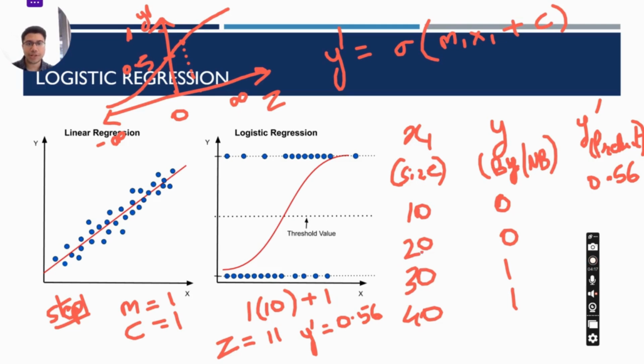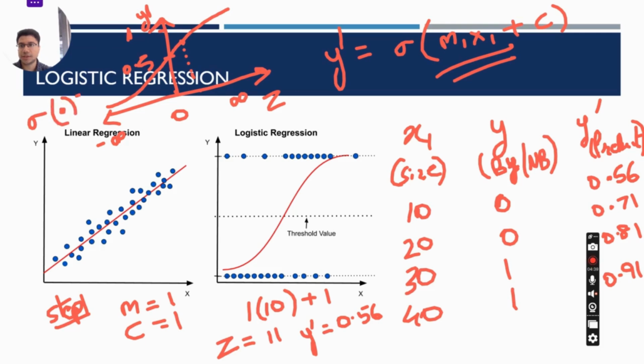Then we do the same for 20. When z is 20, y will be a bit higher. When z is 30, y is even higher, and when z is 40, y is even higher. We have applied this formula followed by the sigmoid equation, which is given by this curve.